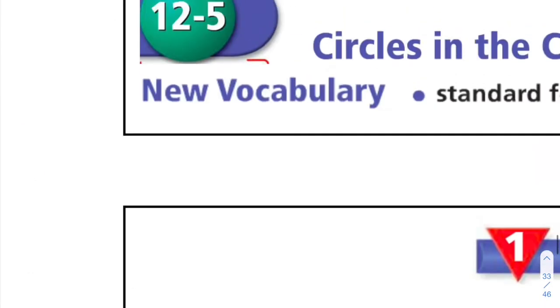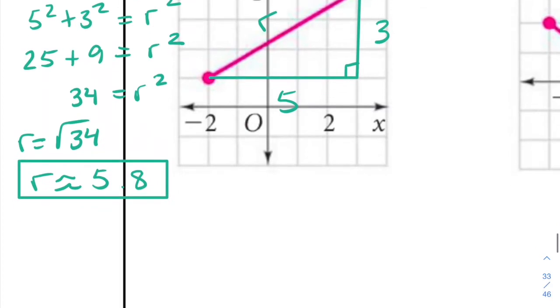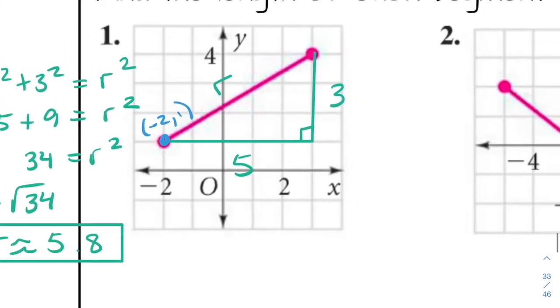But let's just do it the way we remember it. We're going to call this negative 2, 1 and 3, 4.